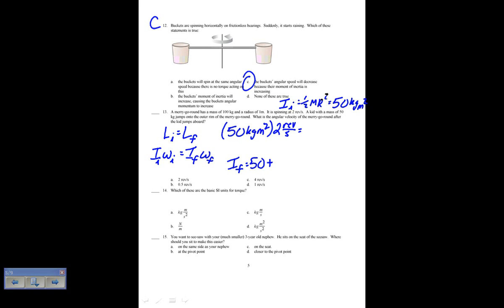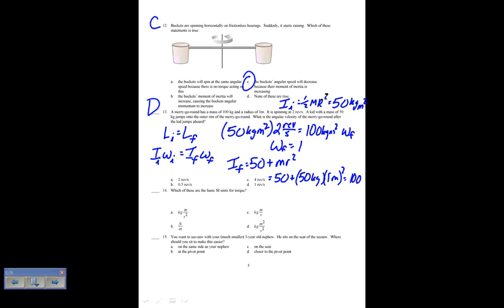So that's 50 kilograms plus mr squared. So that's 50 plus the kid was 50 kilograms. The radius is 1 meter. So that's equal to 100. All right, so this is equal to 100 kilogram meter squared times omega final. So omega final equals 1.